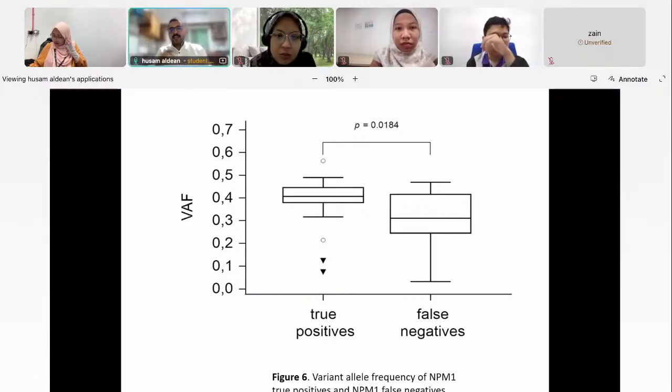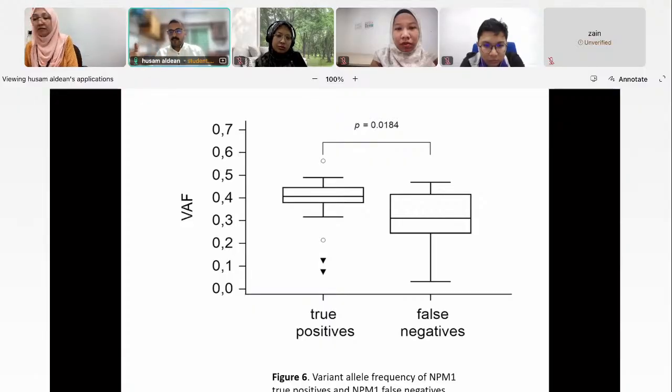First of all, we have a higher VAF for the true positives, which means the cells classified as NPM1 mutation have a higher abnormality in the genes, and the false negative has a lower VAF, which means low genetic abnormalities.